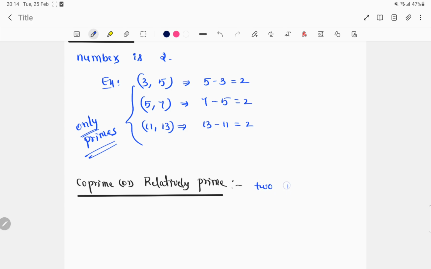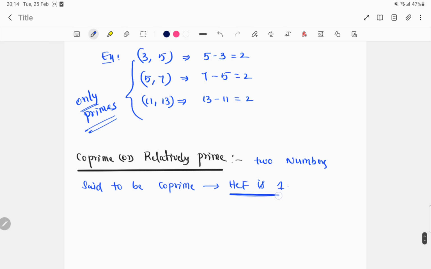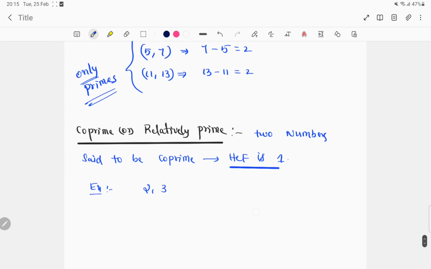Two numbers are said to be coprime if their HCF is 1. Then it is called coprime or relatively prime. For example, here I am taking 2 comma 3.